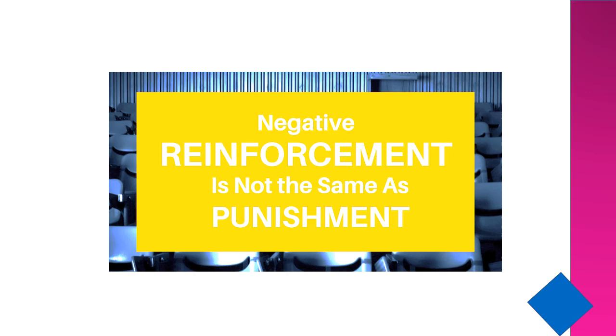That is, negative reinforcement is not the same as punishment. Negative reinforcement and punishment are not interchangeable terms, because negative reinforcement is used to increase a behavior. However, whether it is negative punishment or positive punishment, whatever form of punishment it is, it is always used to decrease a behavior.